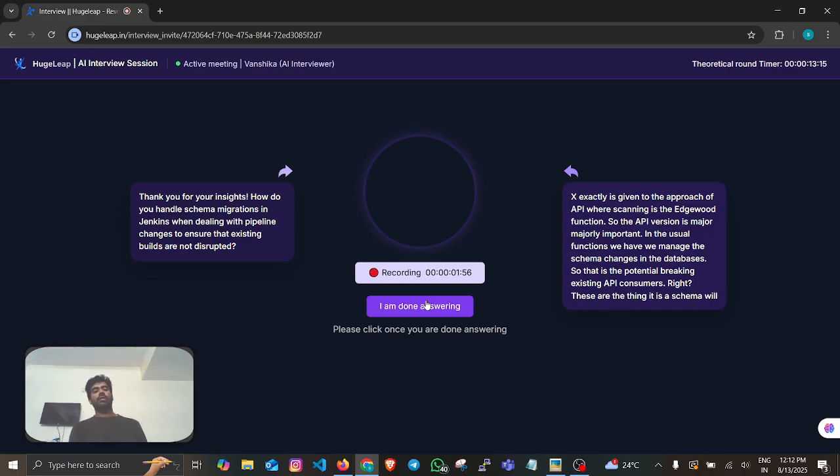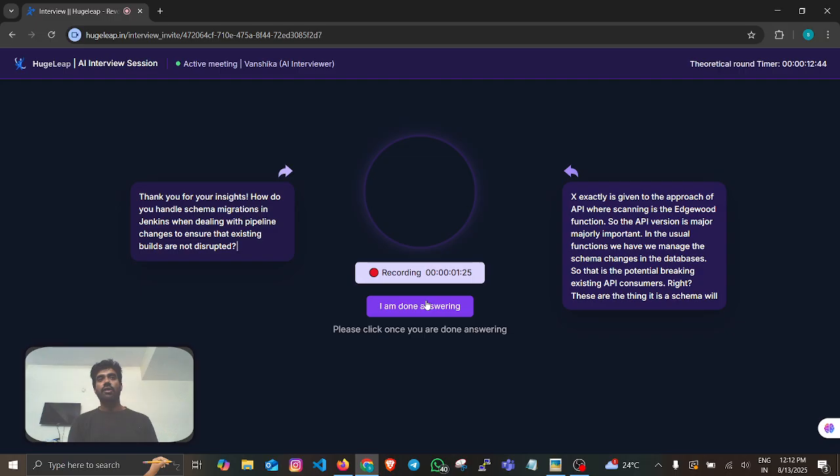It is the schema migration. Schema migration in Jenkins means using some kind of scripts with the particular schema to deal with pipeline changes, to ensure that existing builds are not disrupted. Right? Yes, builds can be disrupted, but there are some preventive changes.